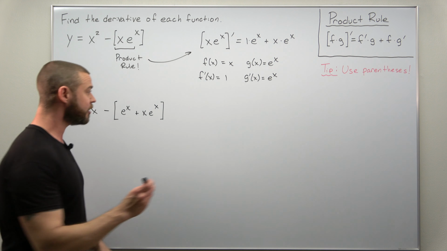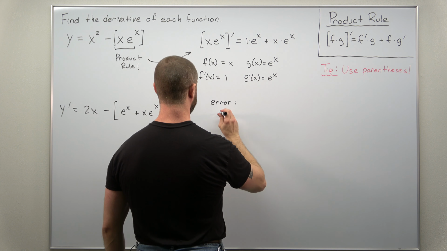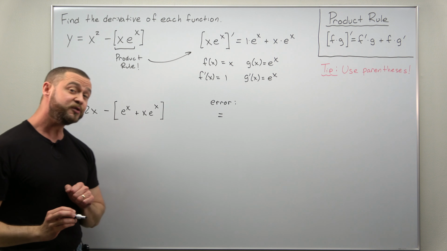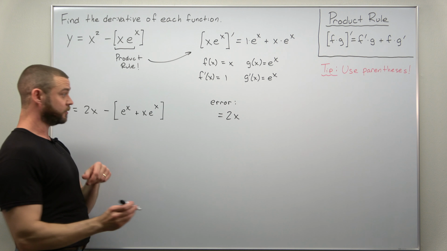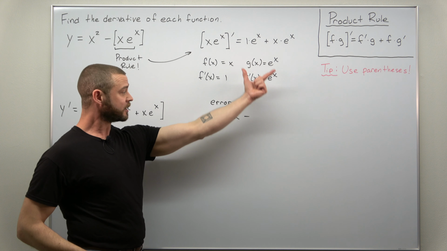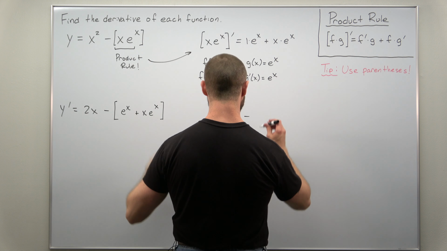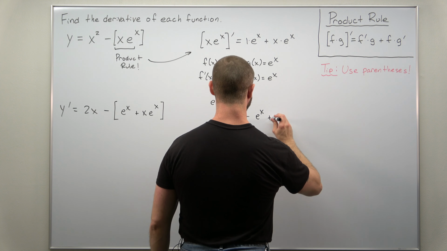So the common error here, just so you see it, we're going to write it down. You have the first term, 2x. You have the minus from the original function. And then the terms from applying the product rule are just carried down, e to the x plus x times e to the x.